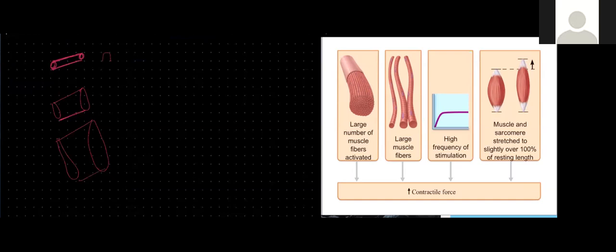So the larger the muscle fiber, the stronger the contraction. So again, we discussed frequency, we discussed the size of the muscle fiber, and we discussed the number of activated muscle fibers, which is determined according to the strength of the stimulus.